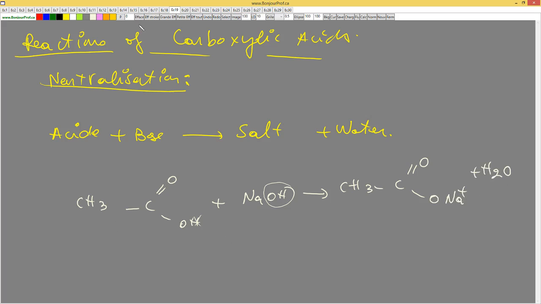The mechanism I'm going to show to you again, because it is double displacement. I have an H here, and because it is an acid, it will lose this H. Here we have Na plus and OH minus, and this one here will be CH3COO minus, H plus. This bond will be broken, and we'll have double displacement.